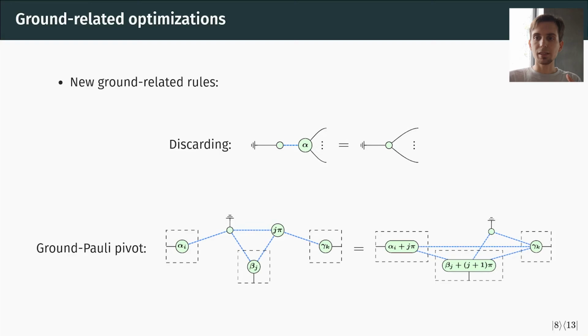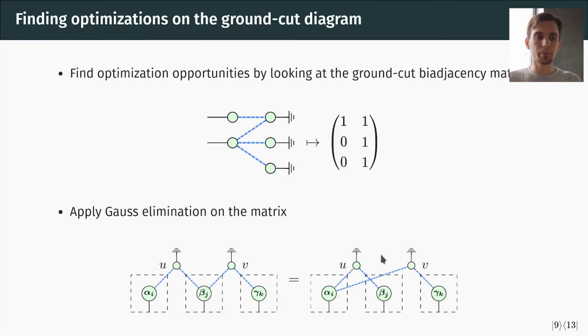But there is a way to look for extra optimization opportunities by looking at the ground cut of the graph. The ground cut is a partition between the grounded spiders and the non-grounded spiders. We can then talk about the bi-adjacency matrix of the diagram as the matrix that encodes the connectivity between these two partitions.